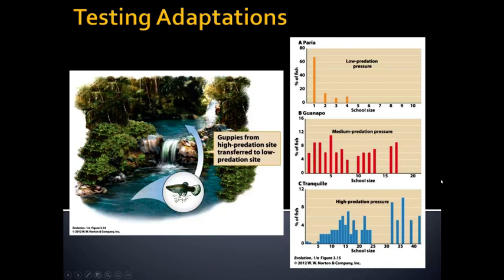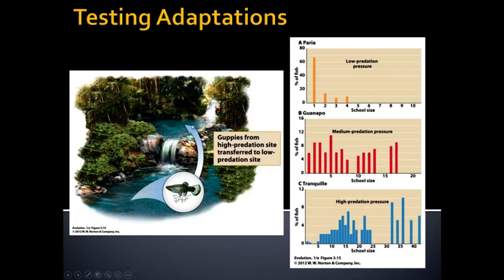So if they took guppies that had been raised in this high predation pressure where there's still lots of variety and diversity, and they moved them into a low predation environment, pretty soon they were having fewer and fewer offspring. And so that is a good experimental test that demonstrates that, yes, indeed, this shift to a K strategy is an adaptation that they have gotten over time to that environment.